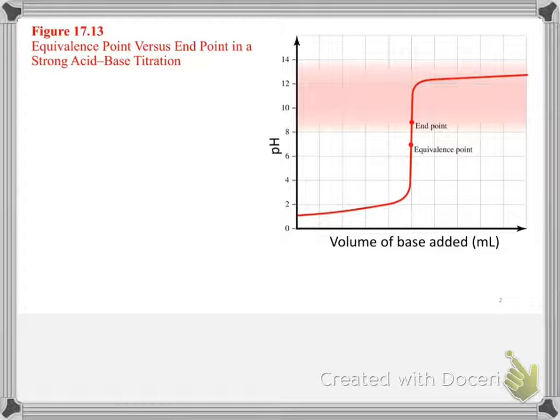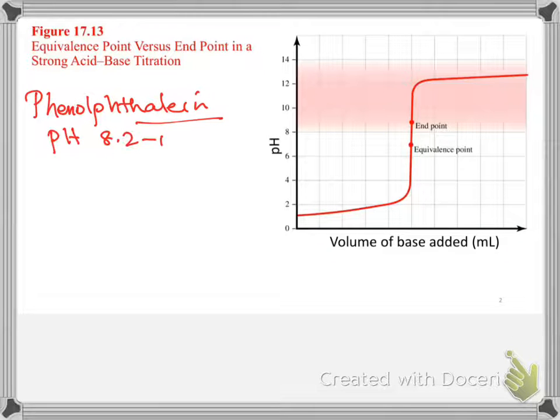This is an example of the titration of a strong acid and a strong base. And what they are doing is they are using phenolphthalein as an indicator. Phenolphthalein shows the color change in the pH range of 8.2 to 10. So we can use this indicator for strong acid with strong base titrations.